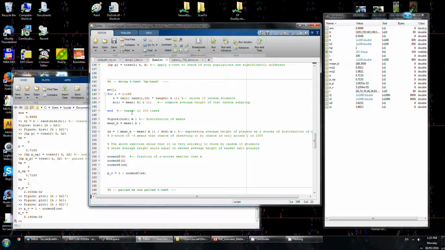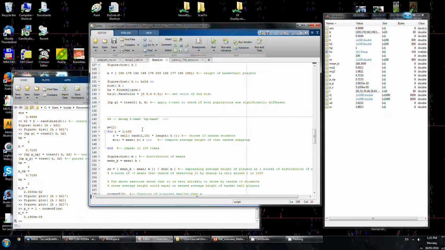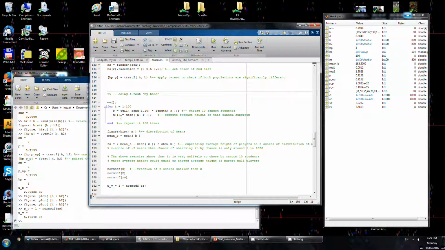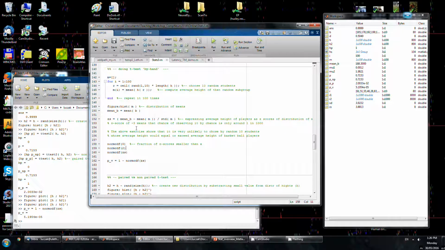Okay, so the basic idea of doing the t-test by hand is that we were taking a subsample of 10 people from the general population and looking at what is the average height, and later the distribution of those average heights we compared to the average height of basketball players.